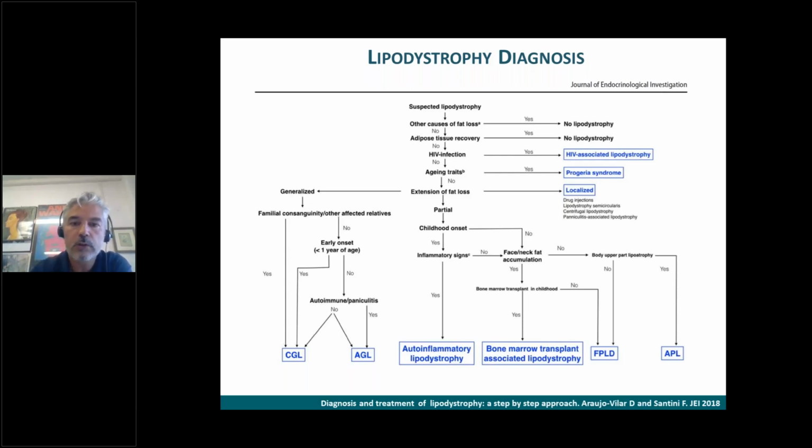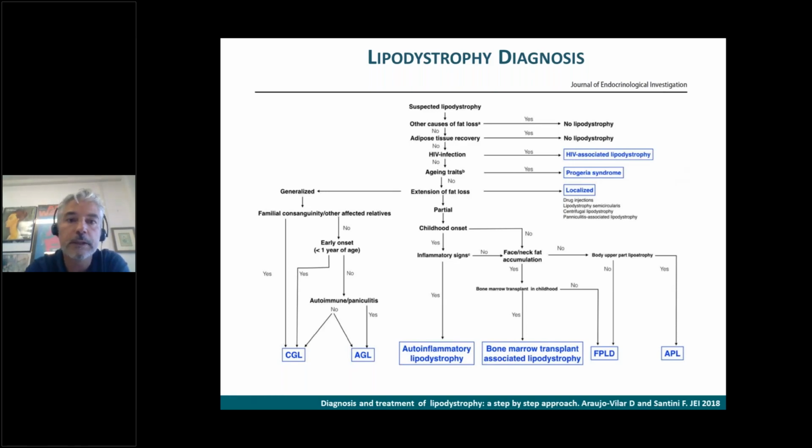I would like just to please keep in mind that when you see a patient, always ask yourself how diffuse is the fat loss, is it either a generalized form or a partial form? Are aging traits present, indicating that this is a lipodystrophy associated with progeria syndromes? Ask yourself if the patient is taking medication that is possibly causing lipodystrophy.